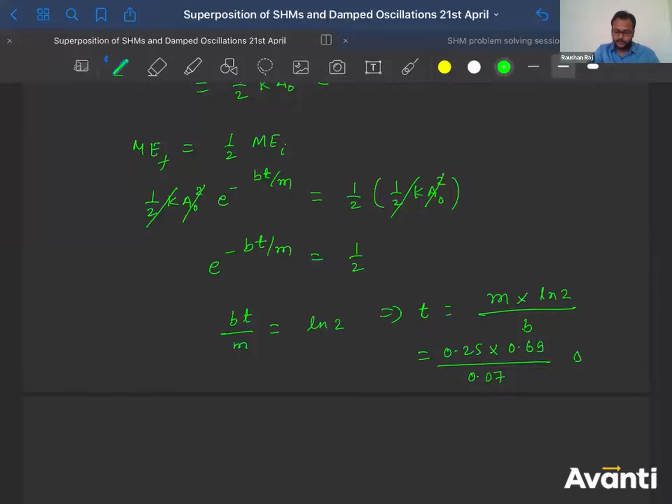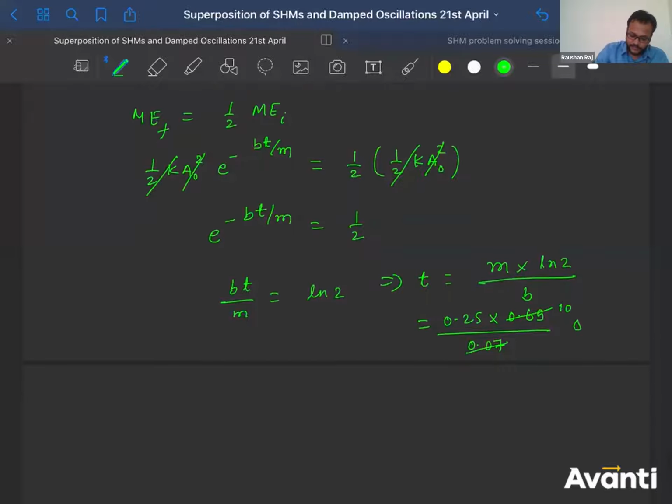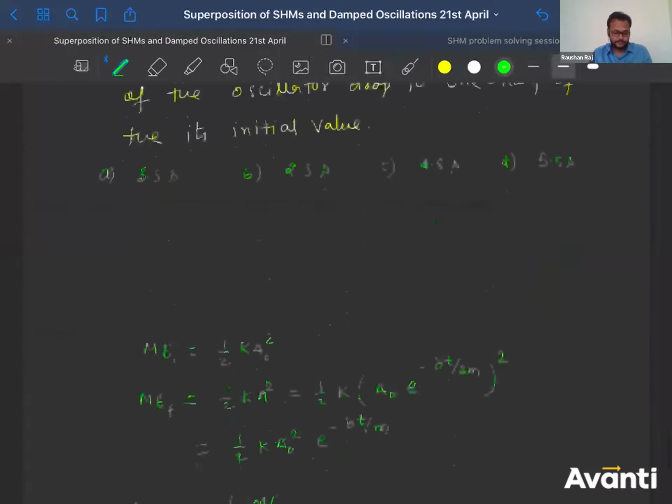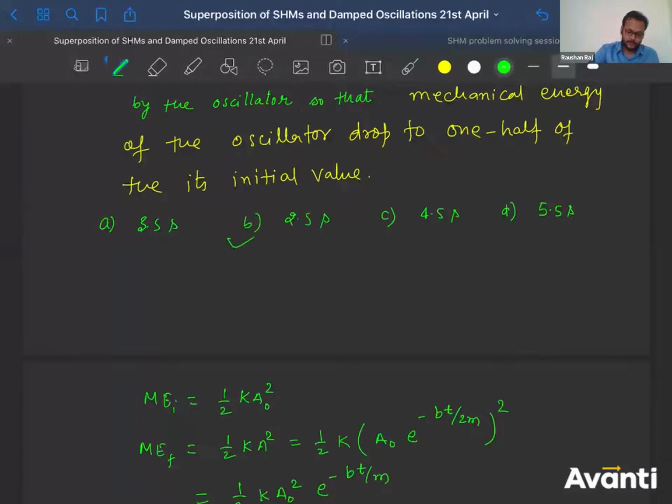Now, if I look at the answer, I can easily say that 0.07 and 0.69 can be cancelled, assuming 0.69 and 0.7 are the same, and I can say 10 will be there approximately. So I'll be getting the final answer as t is approximately 2.5 seconds. So the correct answer is 2.5 seconds. So this is the correct answer for this question.